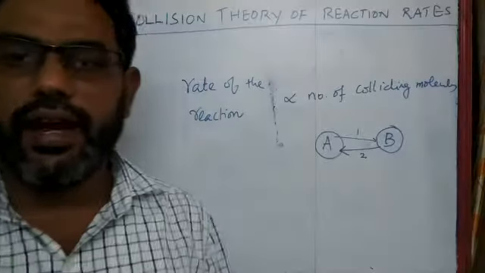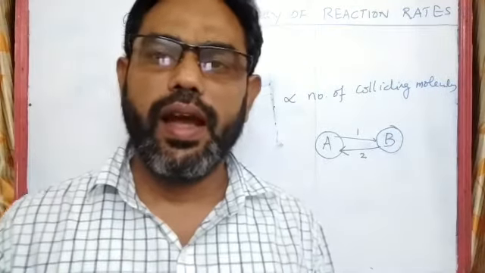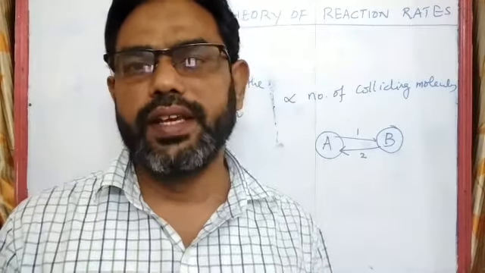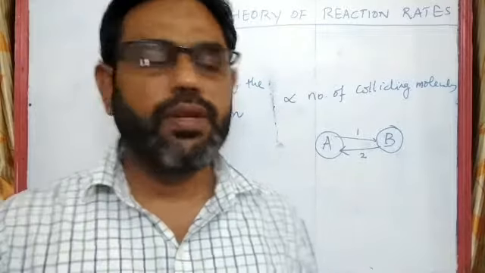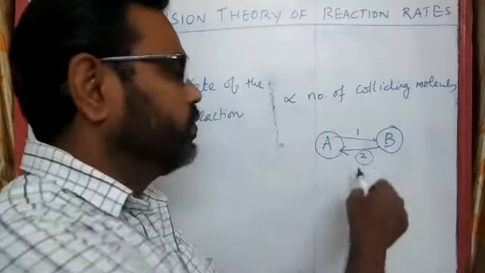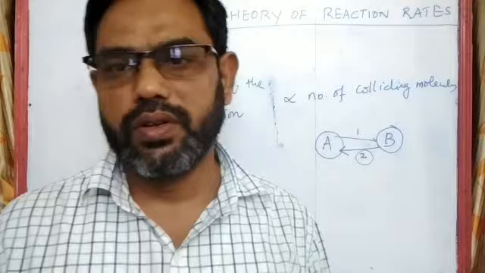A can collide with B and B can collide with A. So the total possible collisions in this case is 2. There are only 2 possible collisions.